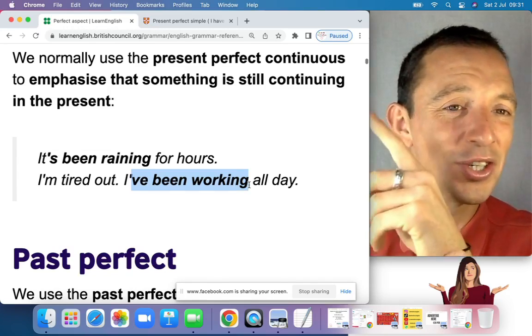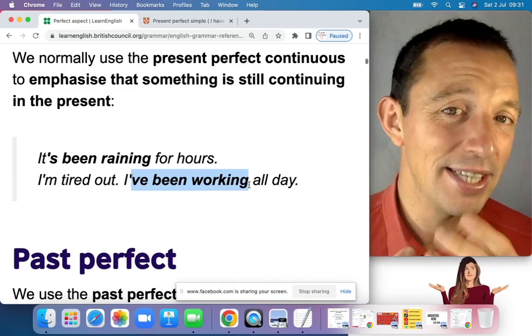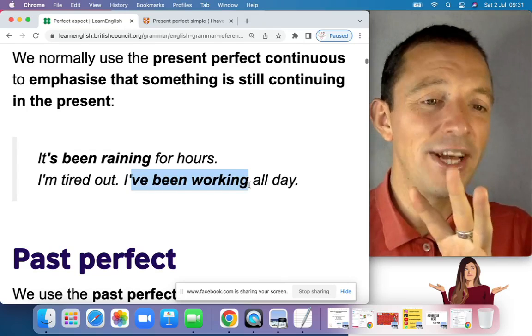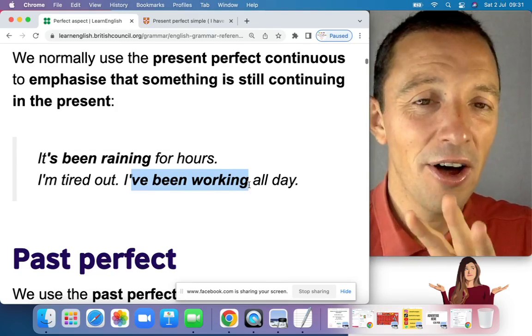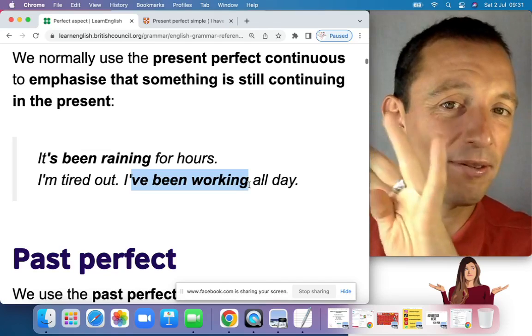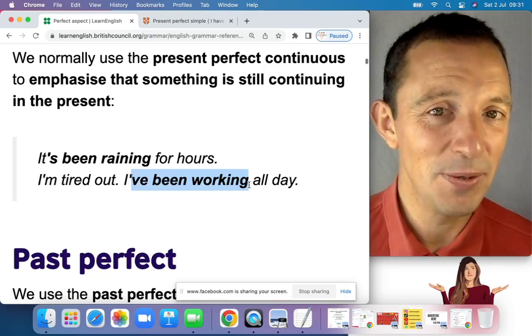So that's another description of the present perfect. Well, in this case specifically, it's the present perfect continuous. So we have three different descriptions of using the present perfect, and also this description is the fourth, to describe using the present perfect continuous.